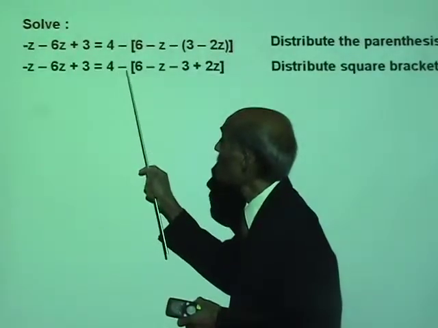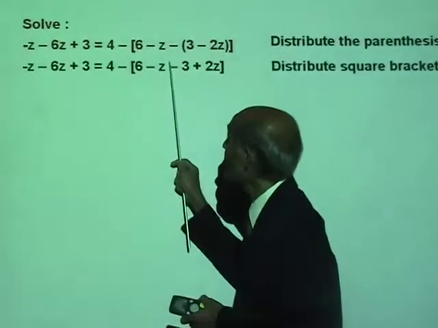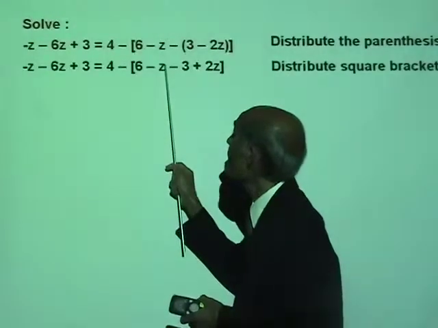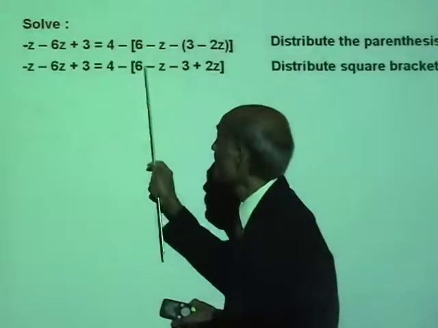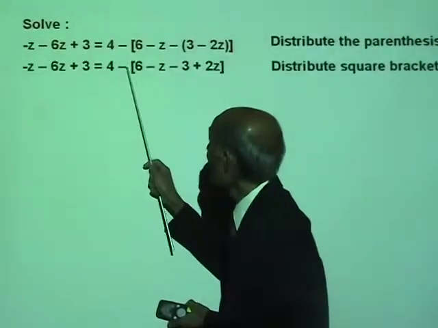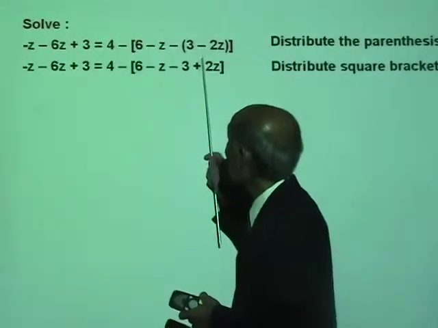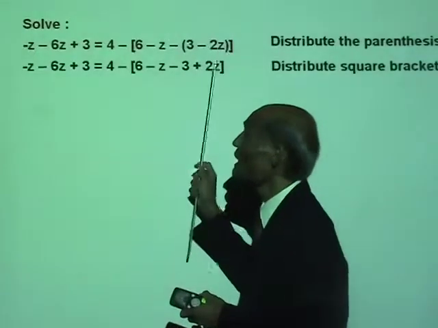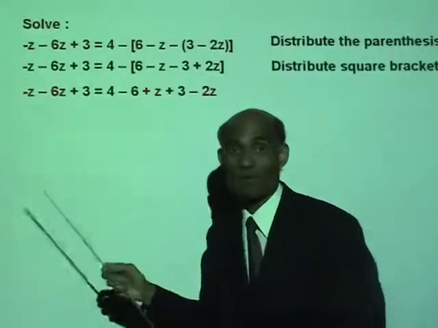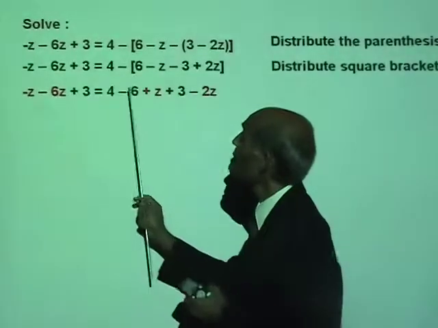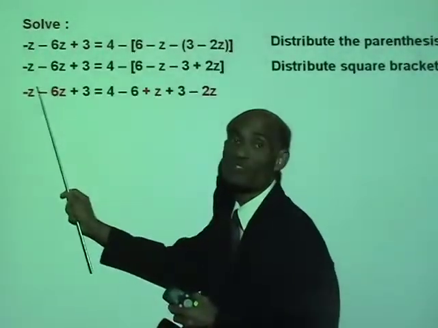This negative 1 multiplied by this negative 3 will be a positive 3. This negative 1 multiplied by this positive 2z will be a negative 2z. Okay? There you are. So what I have done is everything else remains the same.